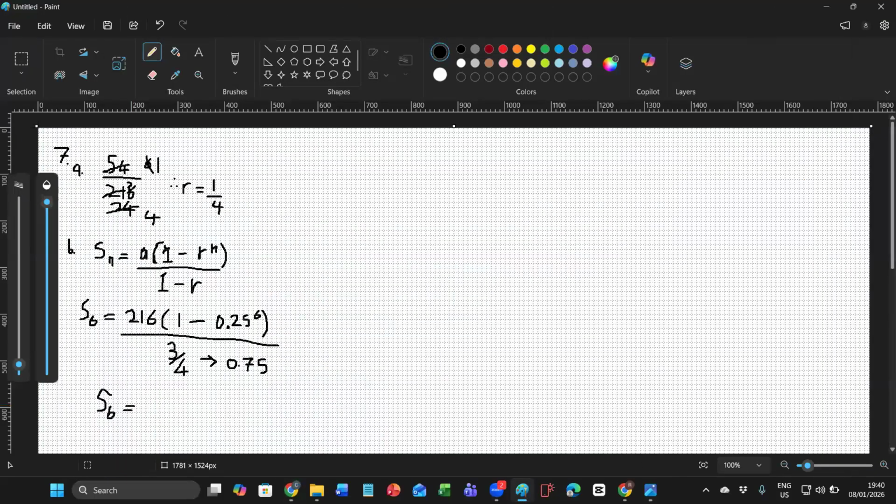Is that 3 over 4? Which one? The denominator. Yes, it's 3 over 4, but I just pushed it to decimal so that it will make it easier for you.